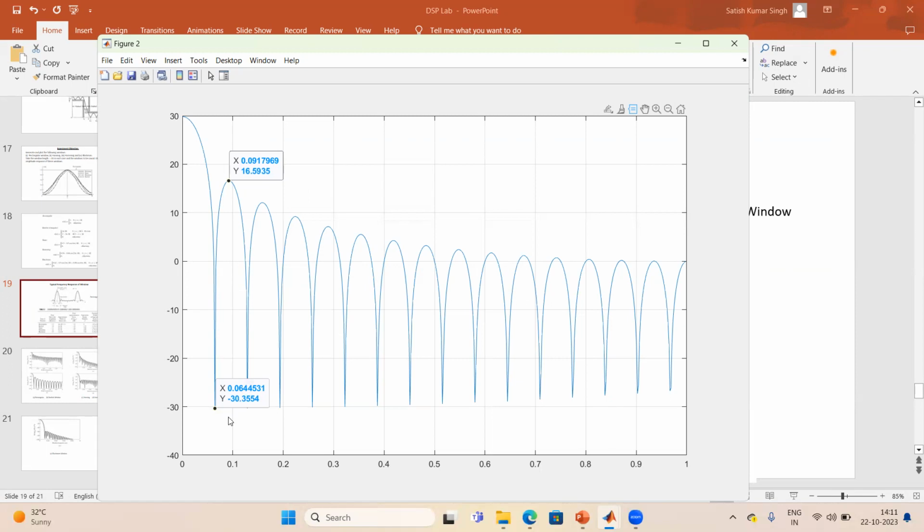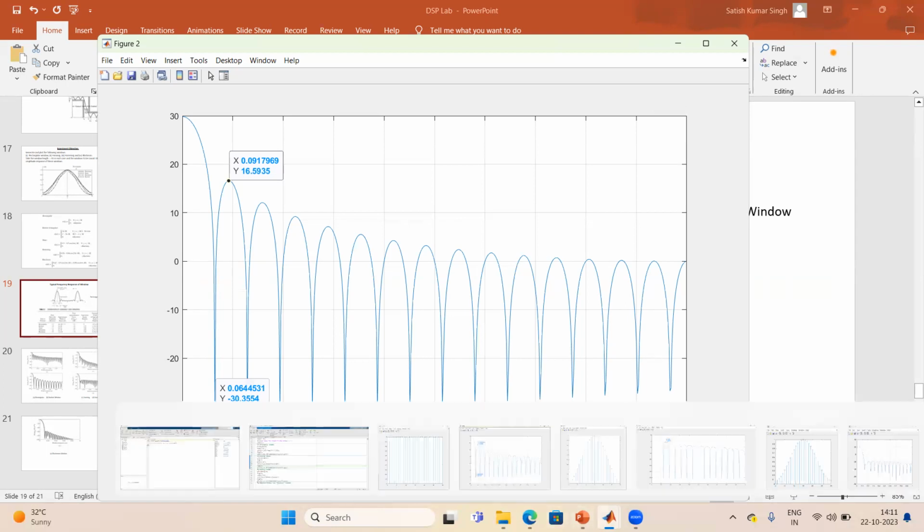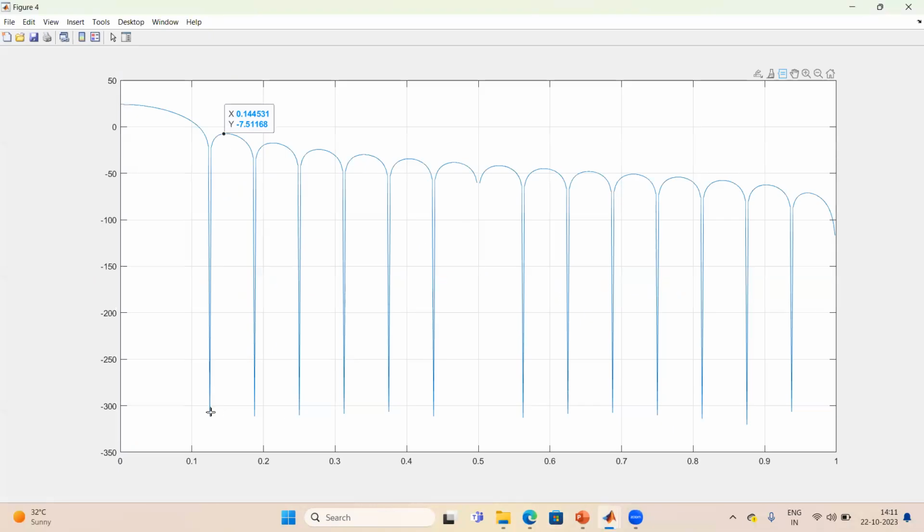It should be 31 because we have chosen the window length equal to 31. Similarly, here in this case, it will be 4 divided by 31, not 32, remember. That's why this particular point that I have just shown you comes around 0.125.